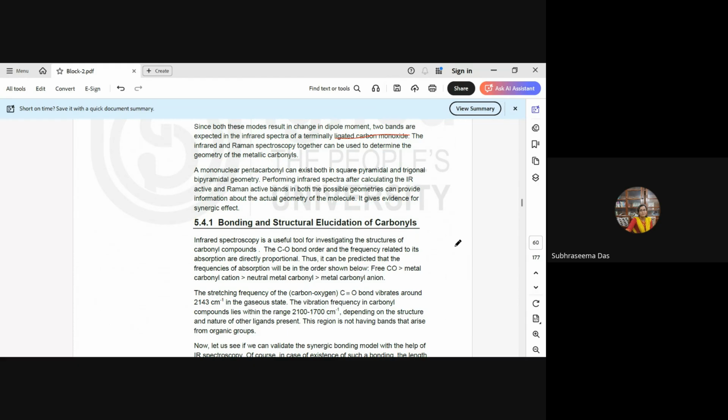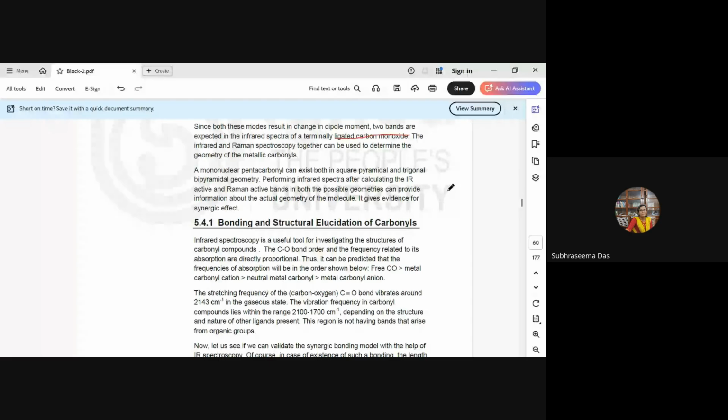It can exist in both the square pyramidal and trigonal bipyramidal geometry, because here the coordination number is 5, since five carbonyls are present, so two cases are possible. With the help of IR and Raman spectra, we can predict which of these two geometries is the feasible geometry for the particular compound.